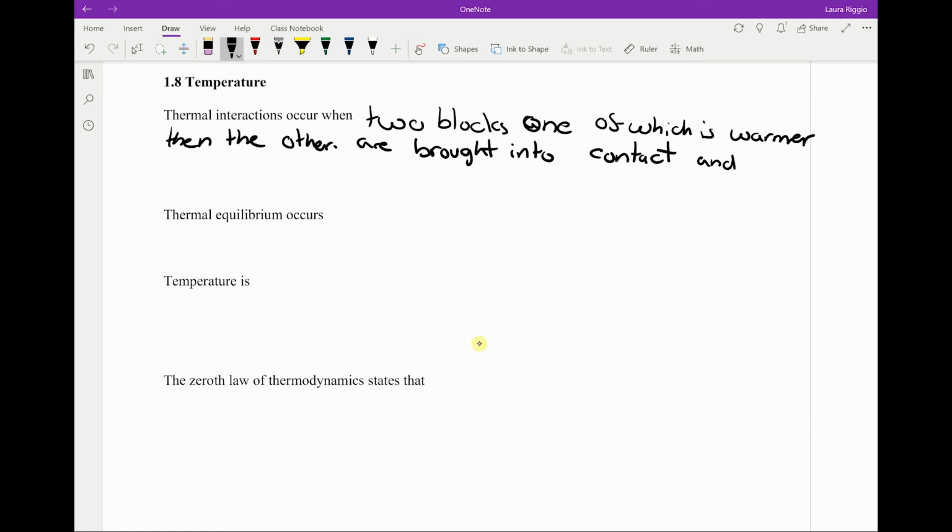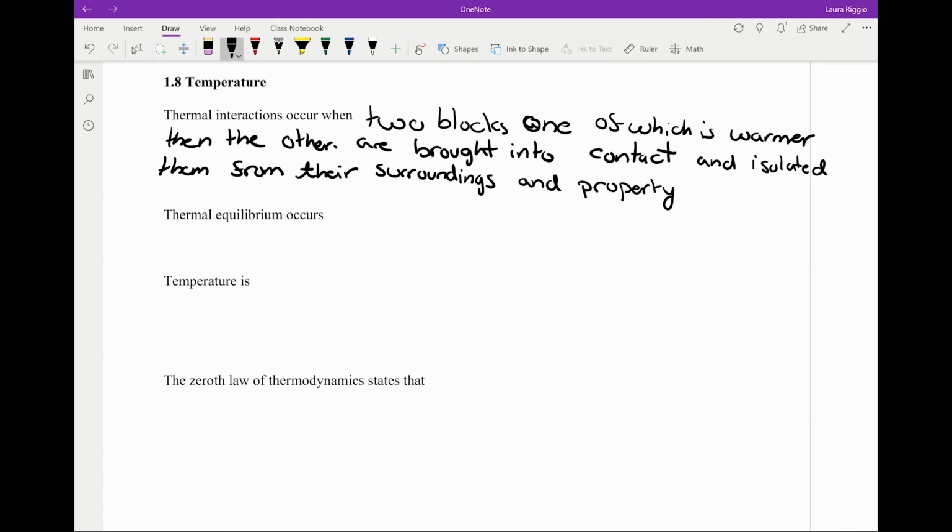And then we're going to isolate them. And once they're isolated from their surroundings, we're going to look at property changes that occur. So when all of these property changes stop, we're going to say that we are in thermal equilibrium.